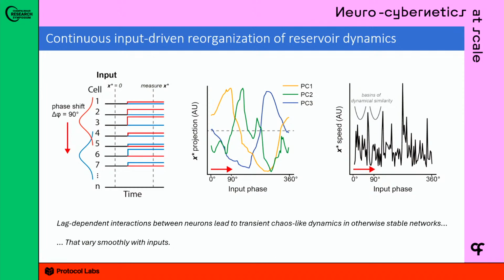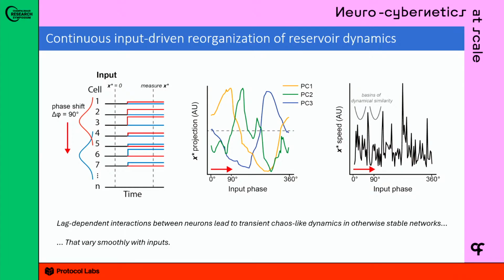But we can also ask what the speed of that change is, right? How quickly are the dynamics changing as you slowly change the input? What we see is periods of quiescence, and then little spikes. These spikes represent times when the dynamics really shifted around with an infinitesimally small change of the input. So this is cool.